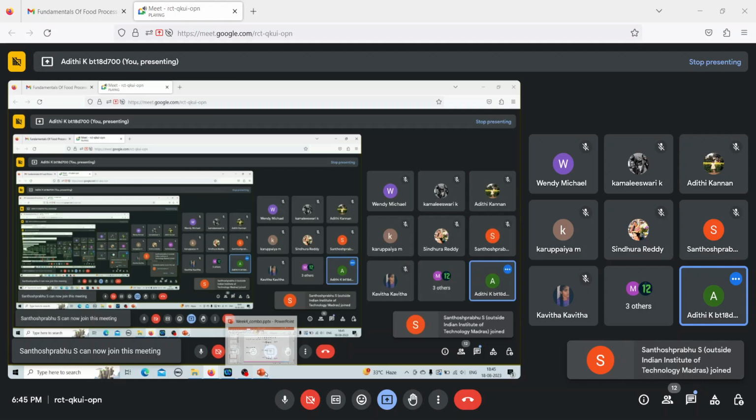And B, steam economy is greater for a multiple effect evaporator than that of a single effect evaporator. Can anybody tell me what is the steam economy? Vapor upon steam rate. Yeah, the total vapor that we take out at the end of the effects, divided by the steam, is known as the steam economy.